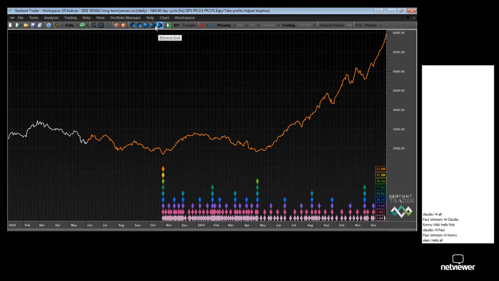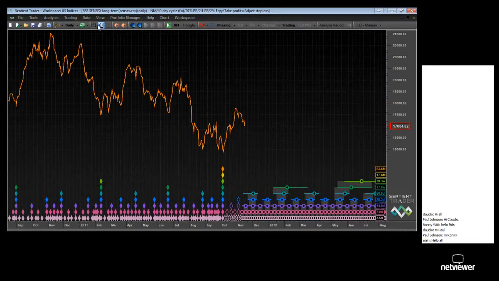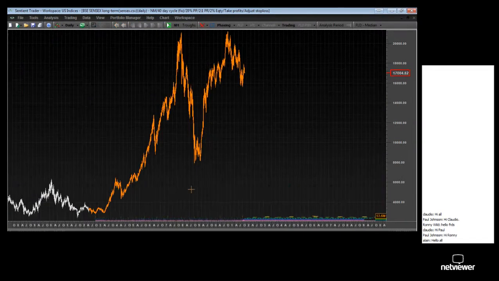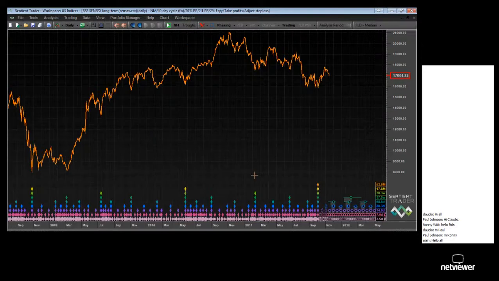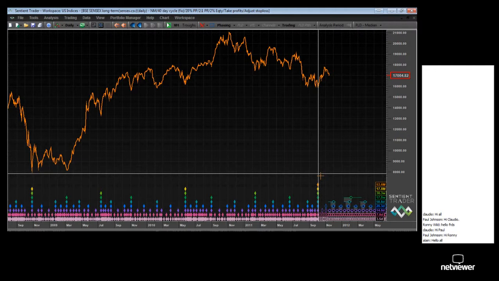So let's move forward and have a look and see what's happening with those markets, the emerging markets, right now, and the analysis, and let's see how that can resolve what's happening right now in the markets. Here is the Indian market. Let me zoom out again. Here is the Indian market.